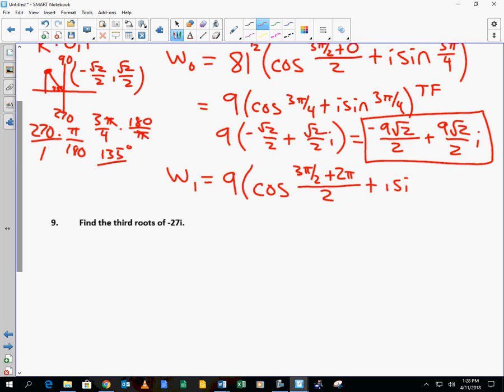Plus i sine of, oh my gosh, how do I even do that? Okay, so you're finding common denominators. So 3 pi over 2 plus 4 pi over 2 is 7 pi over 2, divided by 2 is 7 pi over 4.